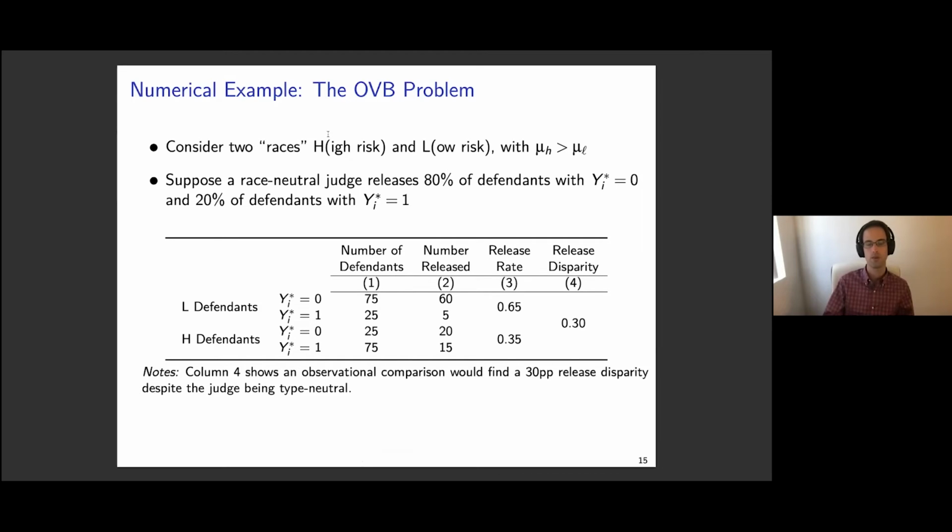So we can think about what raw release disparities look like in this population, even though we've set it up so that the judge is completely race neutral, and we know the disparate impact here will be 0 because conditional on Y_I star, it's always 80%. So it's 80% for H defendants and 80% for L defendants.